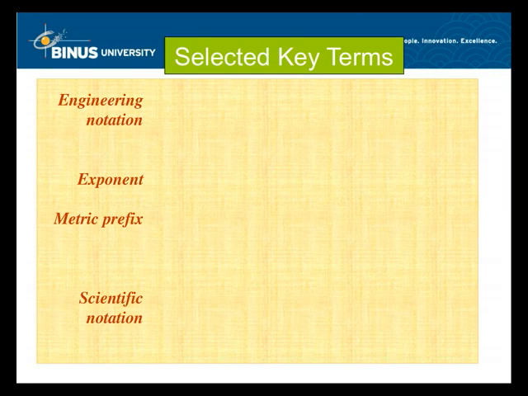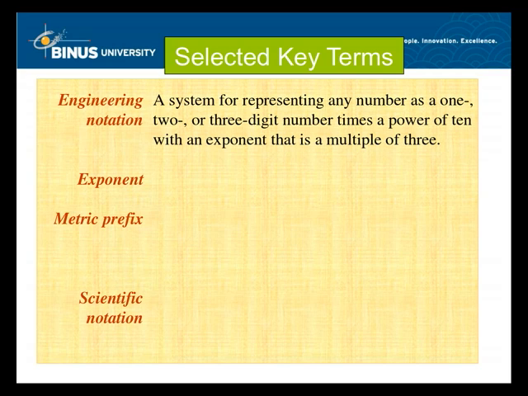Now, in every chapter, we'll study terms. Terms are very important in the study of engineering. A clear terminology will help you understand the specific meaning of each term. So let's start with engineering notation. What is an engineering notation?